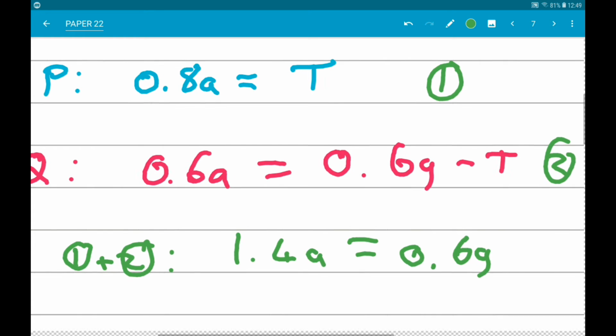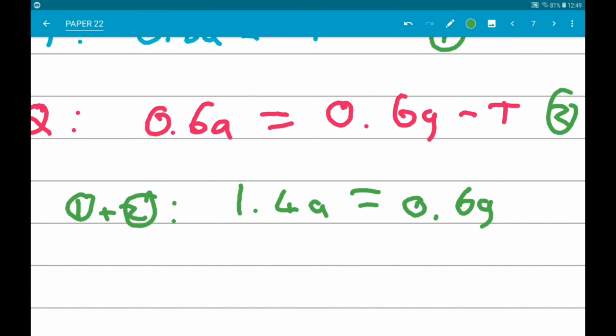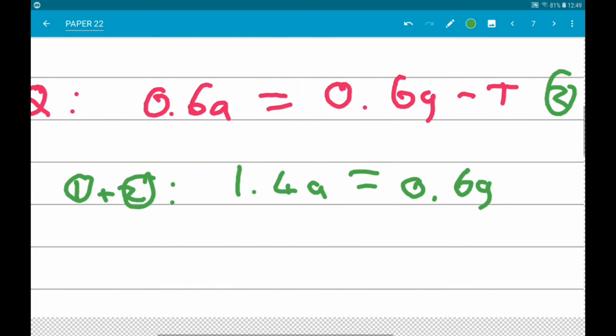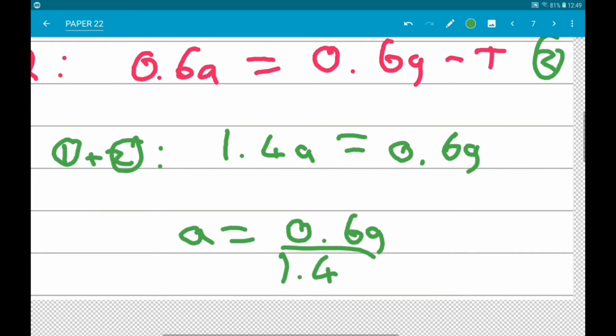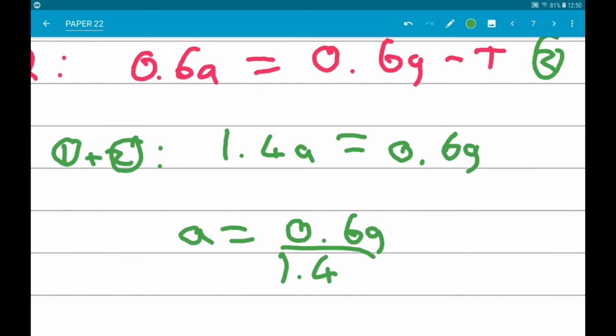Now, divide through by 1.4 and we get a is 0.6g over 1.4. Now, use g as 9.8 and we do indeed get 4.2 to 1 decimal place.